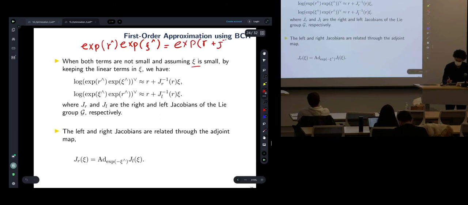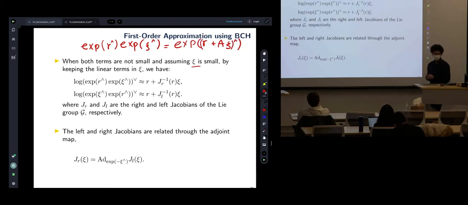Following the notation below, I'll call it A, and if we strictly follow the notation, we have to add a hat.